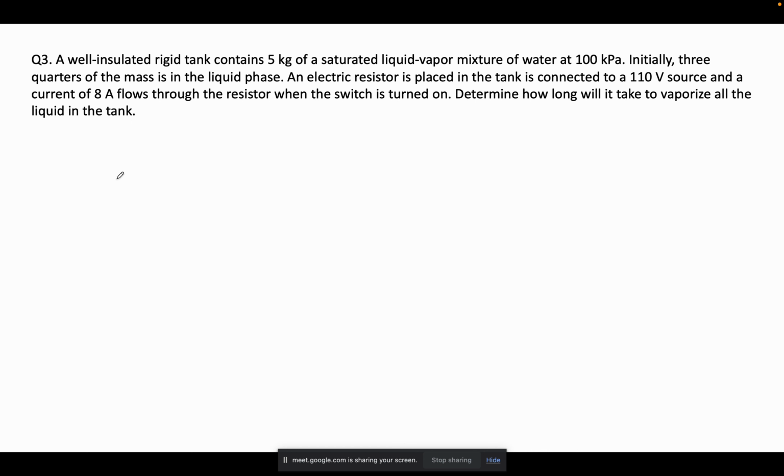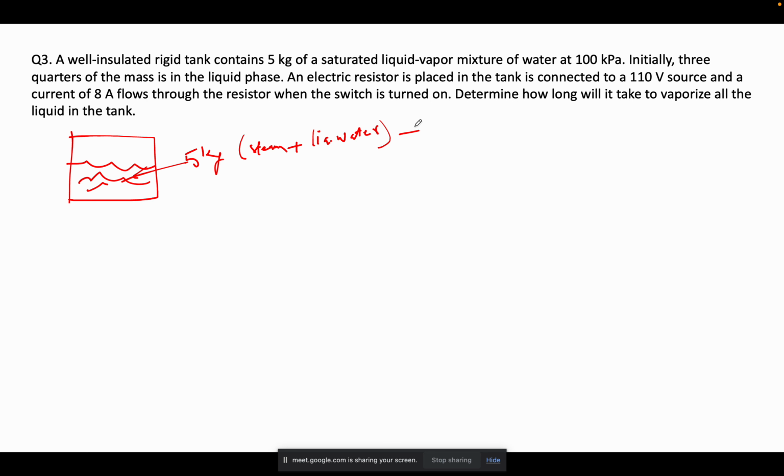Okay, so what happens is that initially there was 5 kg of steam plus liquid water, where 3/4 was liquid water.